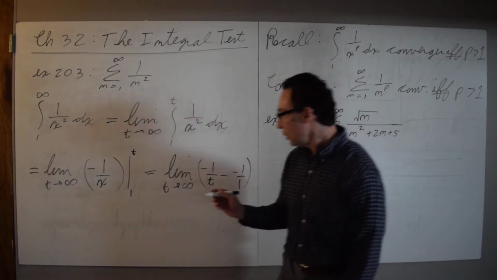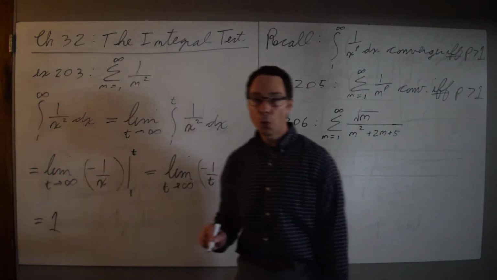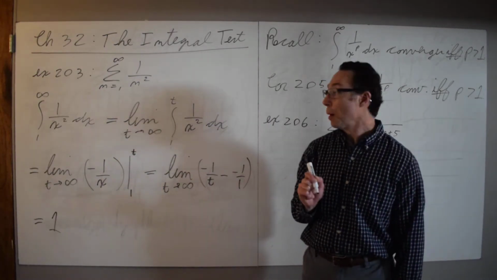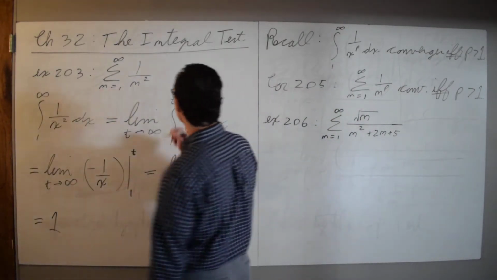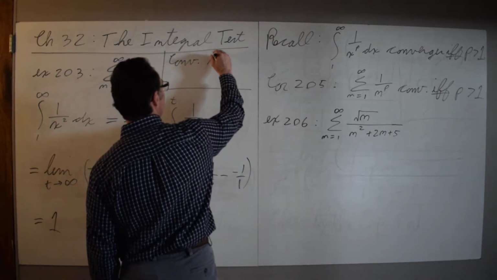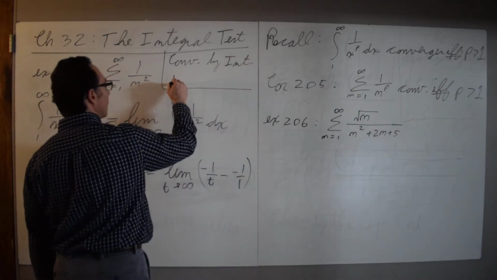Subtracting a negative 1 means that this limit is equal to 1. So this series converges by the integral test.